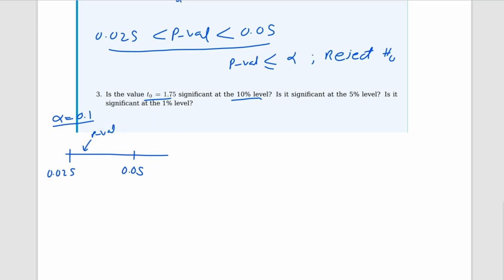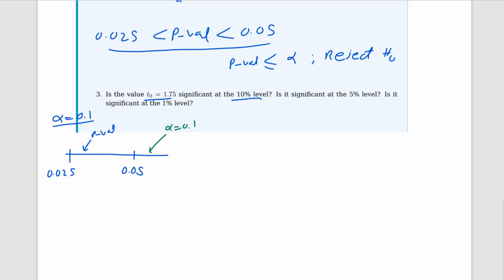We don't know where it is, but we know one thing: it is in the interval between 0.025 and 0.05. Then alpha equals 0.1, which is greater than 0.05, right? Therefore alpha should be somewhere here. Got it?